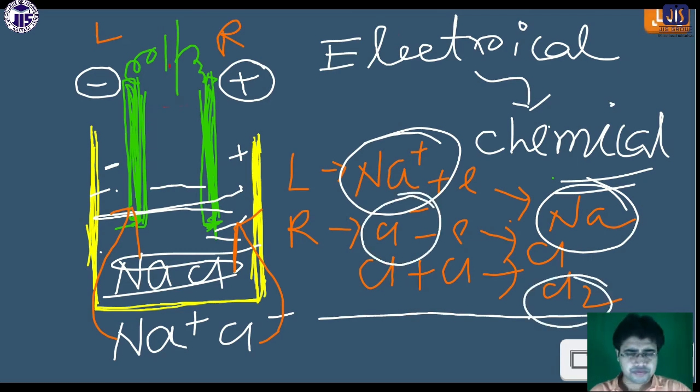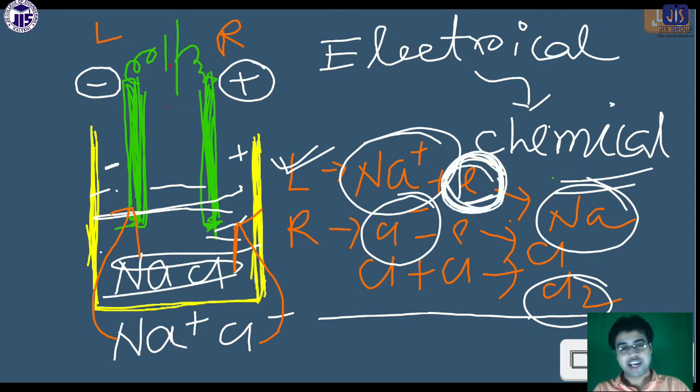Now look here, where does oxidation occur and where does reduction occur? In the left hand side electrode, there is a loss of electrons, isn't it? If loss of electrons occurs, it is an example of oxidation. Okay, no, sorry, in the left hand side electrode there is a gain of electrons, Na plus plus e minus to Na. It is an example of reduction, where gain of electrons occurs.